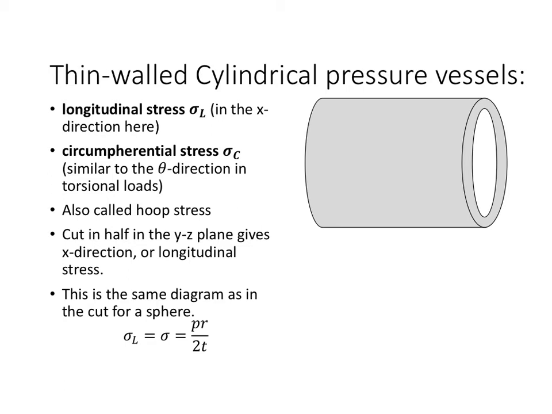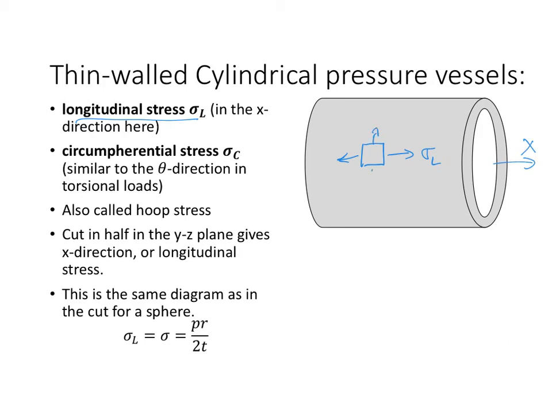thin-walled cylindrical pressure vessels. Now in this case, the stress is asymmetric because in this direction along the length of the cylinder, we call that sigma L, the longitudinal stress that runs here in the x direction.